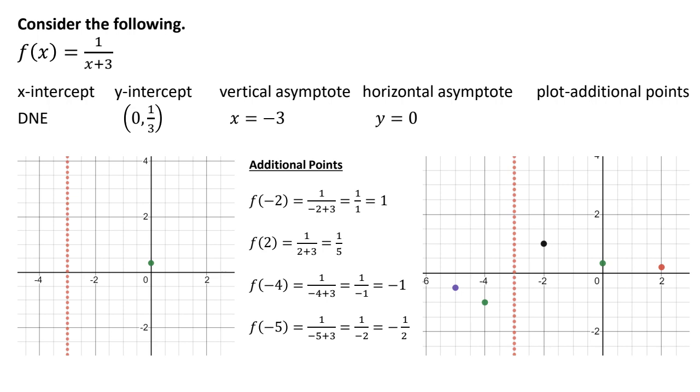Then when I jump to the other side, I know that my graph is coming from infinity up, so it's coming close to my vertical asymptote, never crossing or touching it. And as it gets close to my horizontal asymptote, it's never crossing this line or touching it.